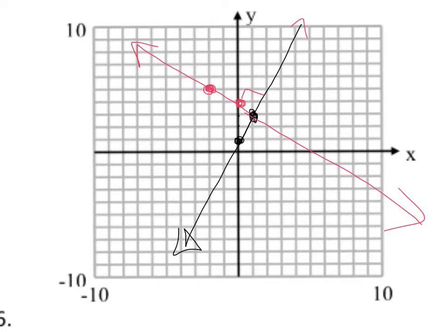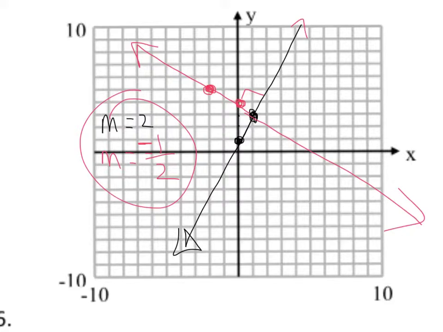If I do the slope between those 2 points, up 1, rise of 1, and over -2, again, the slope of the black line is m equals 2. The slope of the red line was -1/2. If you look, those are opposite reciprocals of each other.